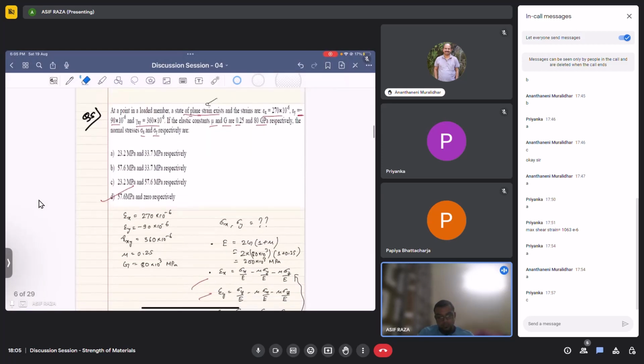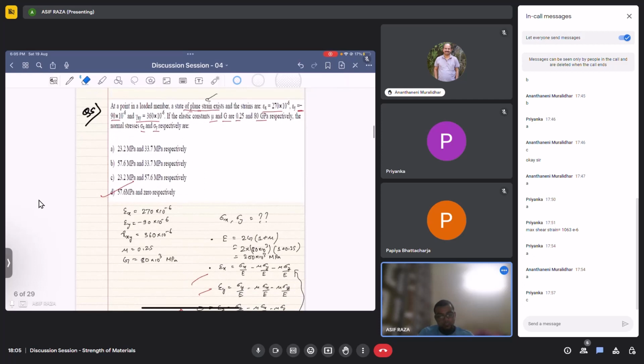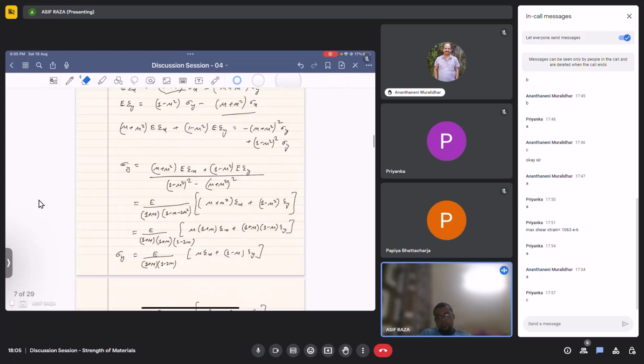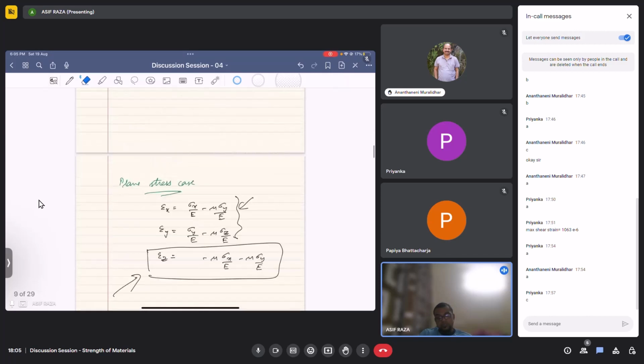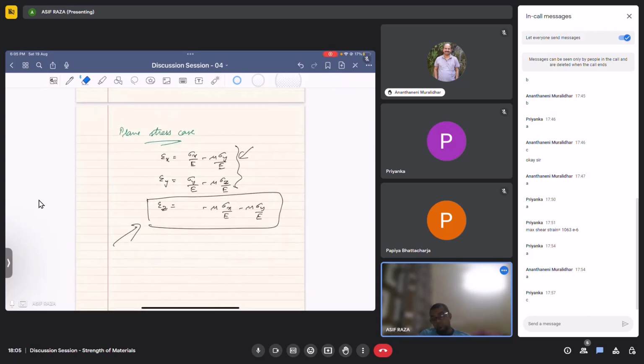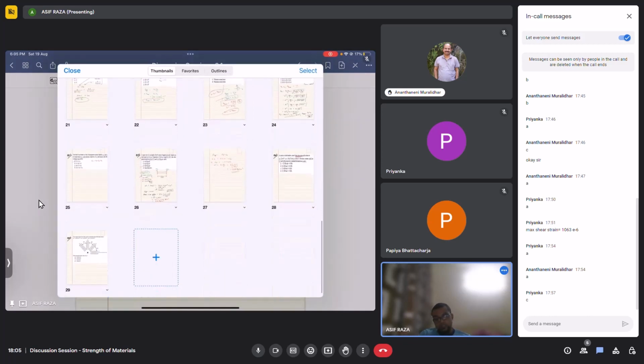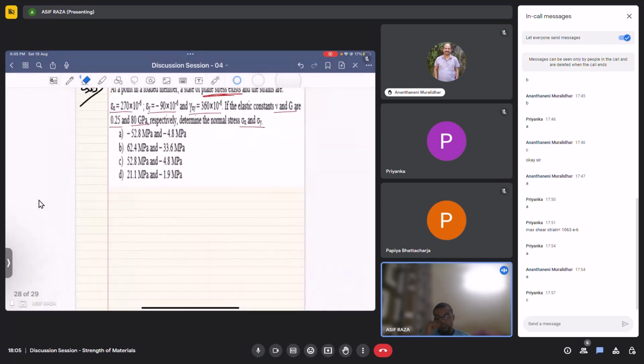This was the case of plane strain. When we are given the various strain values, we need to find sigma x and sigma y. So we had this approach, and I already told what the approach would be when the plane stress case is there. So we just use that approach and solve this. I think it's best I leave this question to you all.